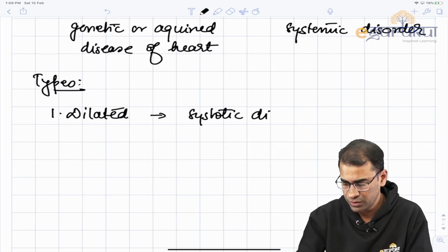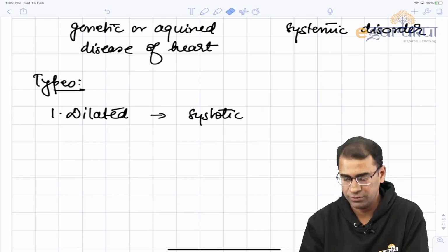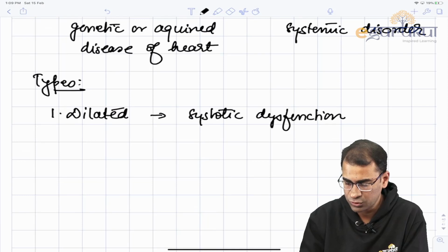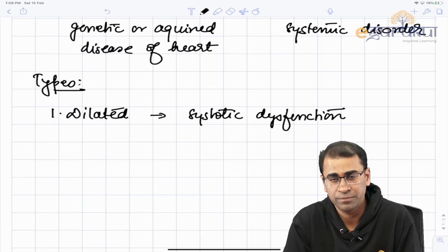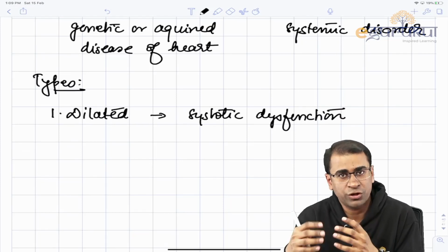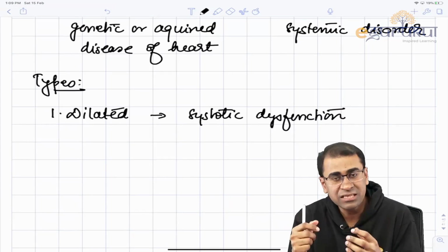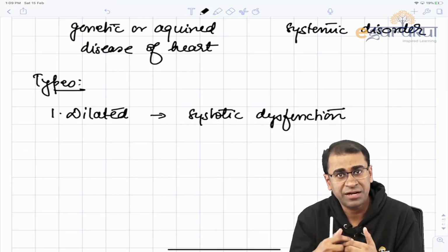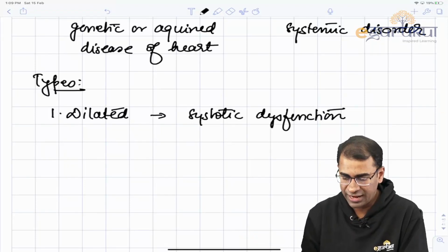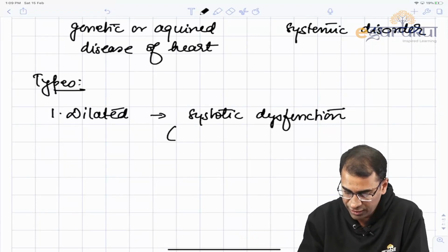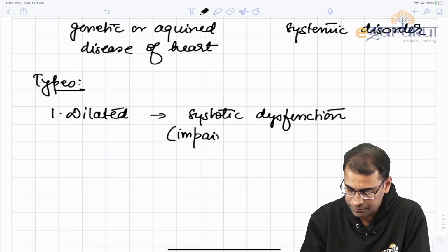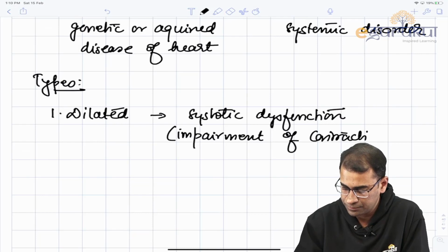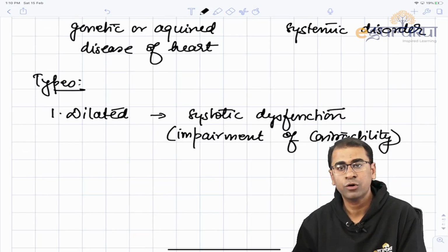The reason for it, I'll tell you later on, is that the contraction power is not transmitted enough to the sarcomeres, and hence it causes systolic dysfunction. You can write in brackets, it is due to impairment of contractility.